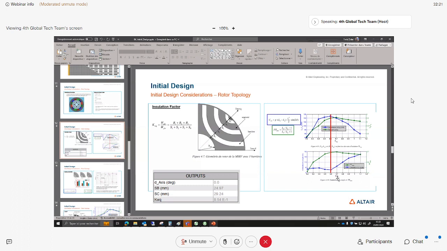This insulation factor is actually given directly as an output when you define the geometry of the rotor in Flux Motor. This is something we compute, and then we need to vary it in order to have something close to 0.6.